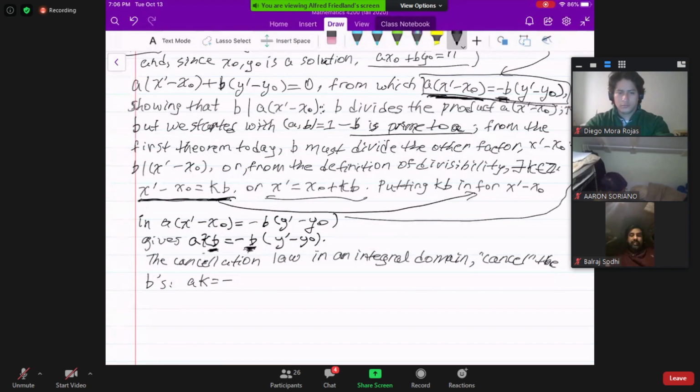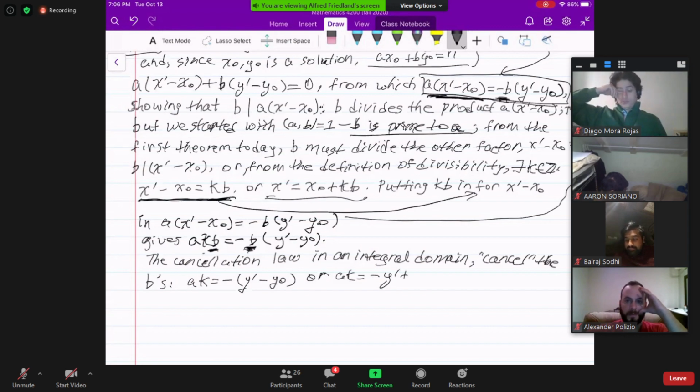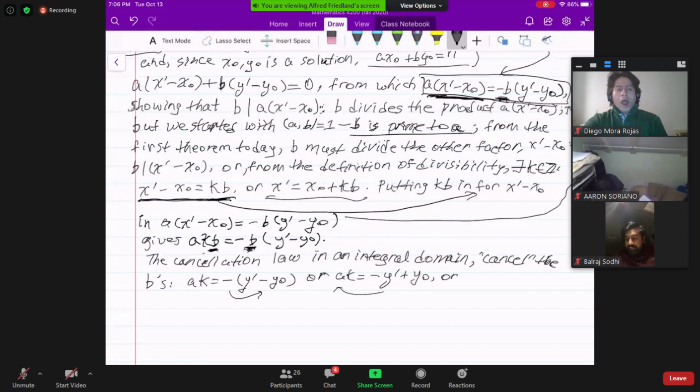In an integral domain, we can cancel non-zero factors, and we get ak equals negative y prime minus y sub 0, or ak equals negative y prime plus y sub 0, or let's put the ak on the other side: y prime equals y sub 0 minus a times k.